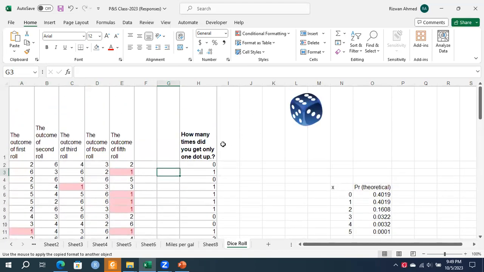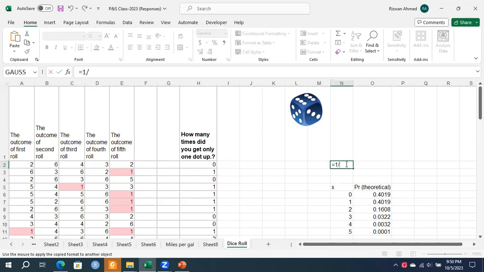So now in all these 5 trials, rolls, how many times did we get 1? How many times did we get the face with 1? From probability point of view, since a dice has 6 faces, every face has a fair chance of getting up as 1 by 6. So the number is about 16%.